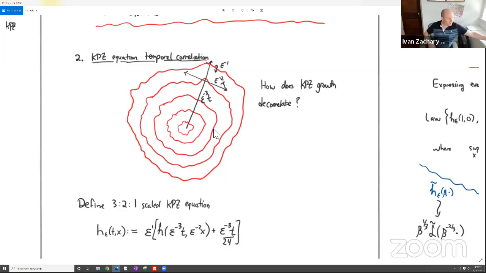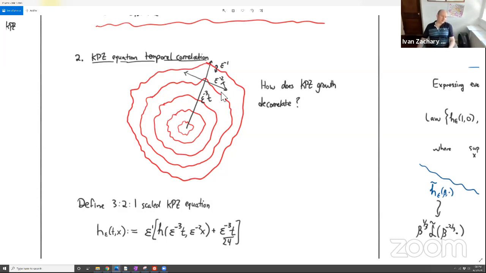What I really mean is, how does this decorrelate over a long time? The KPZ equation is believed to be a universal model for randomly growing interfaces, but the universality is supposed to be that its long time behavior represents something universal.